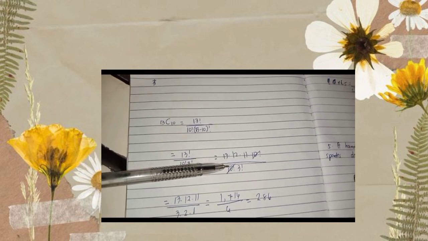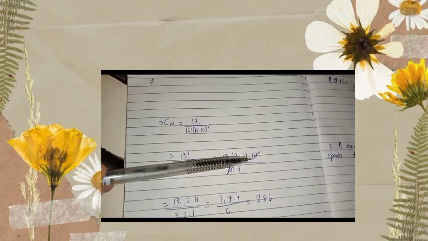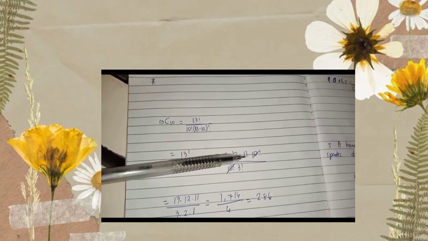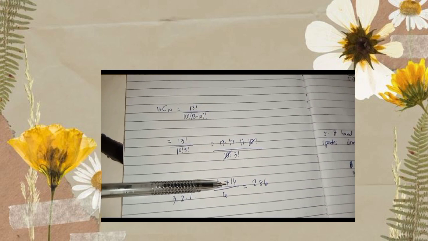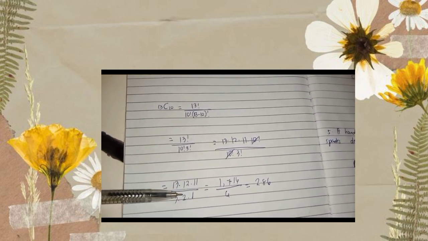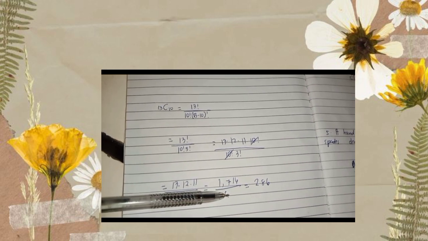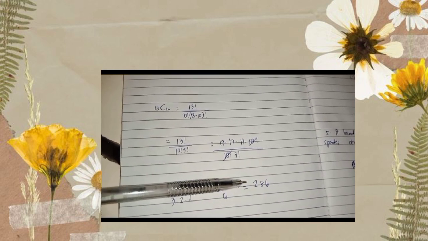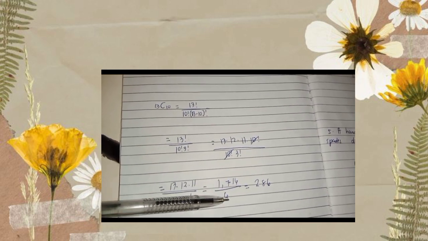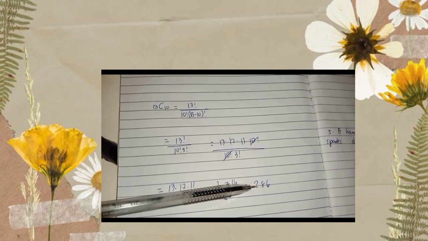Then eliminate 10 factorial and 10 factorial. Then 13 times 12 times 11 is equal to 1,716. Then 3 times 2 equals 6. Then divide 1,716 by 6, which is equal to 286.